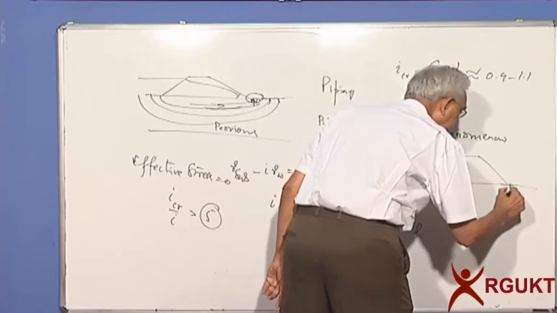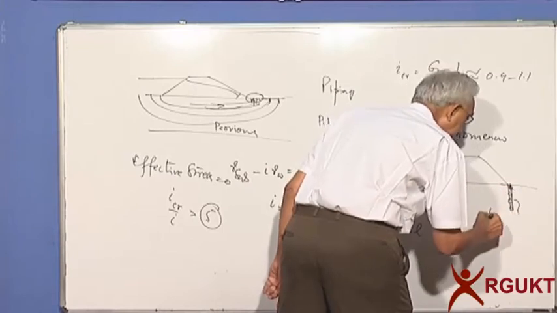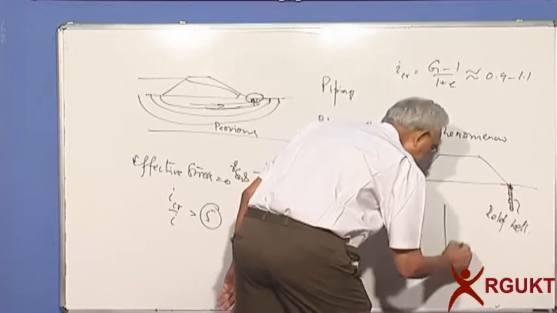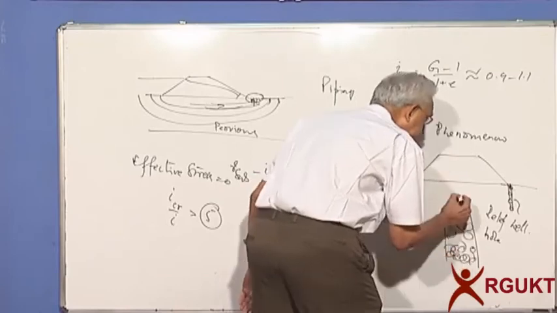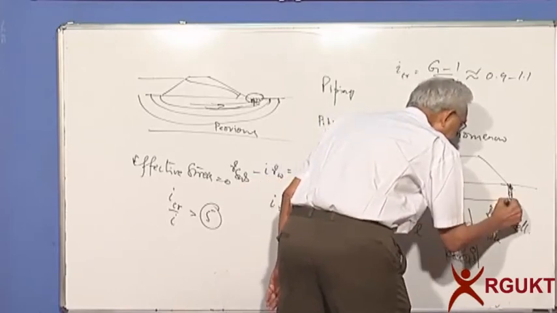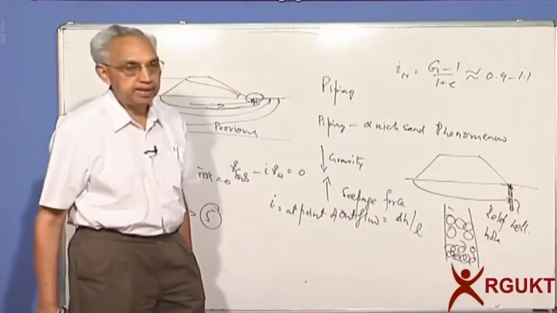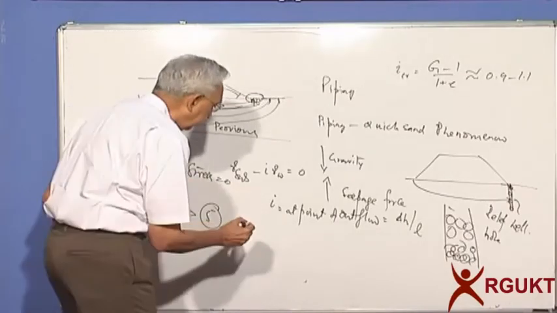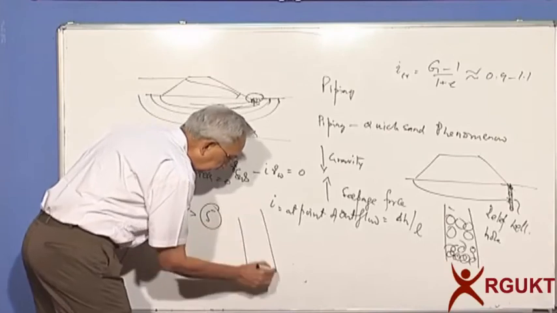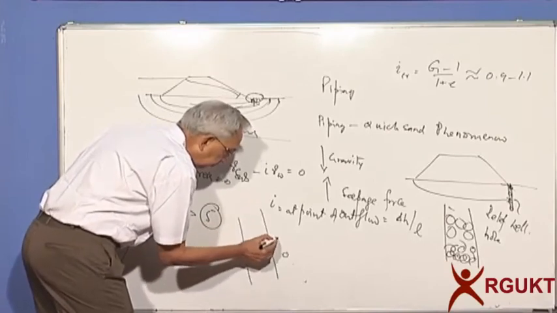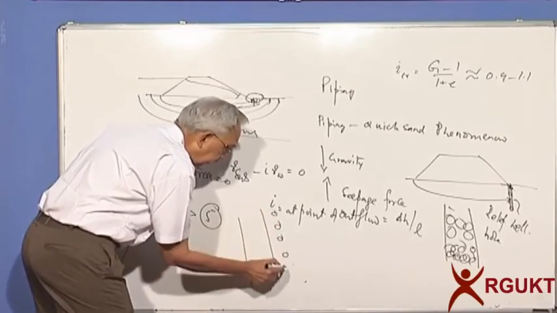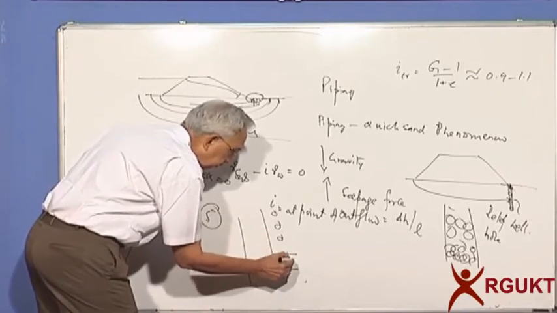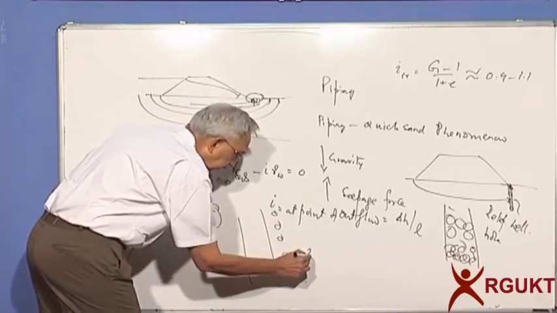What we do is we provide relief wells here. You make a hole and fill it with gravel so that this flow line will meet with the drain, and it's not a wall or continuous one. If I look at the longitudinal direction, I'll have these relief wells at a spacing of, let us say, maybe 3 to 5 meters.